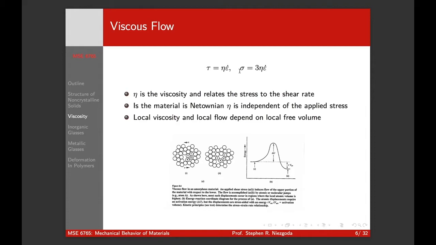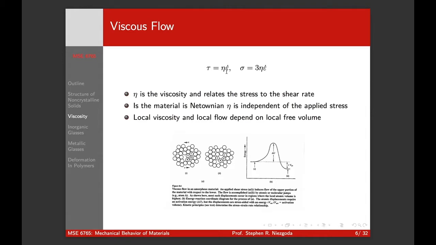So empirically, we have this kind of a viscous flow law. So for elasticity, our stress was linearly proportional to our strain, right? That's linear elasticity. For a viscous material, our stress is proportional to our strain rate, right?